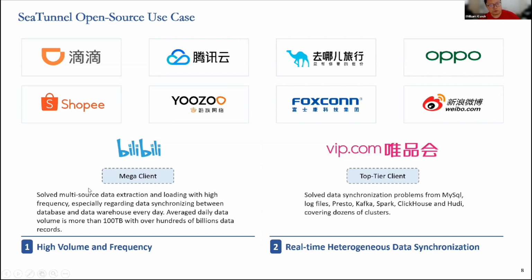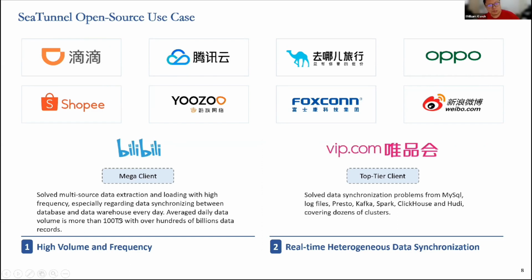For example, Bilibili has more than 100 terabytes of data with hundreds of millions of data records to extract and load from other systems to their data warehouse, or from the data warehouse to other systems. So Bilibili is using SeaTunnel to solve the problem of bulk load.